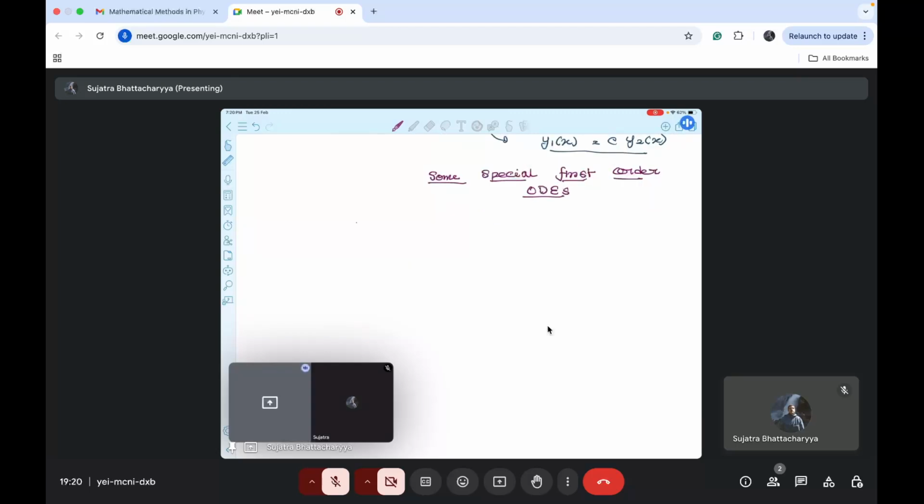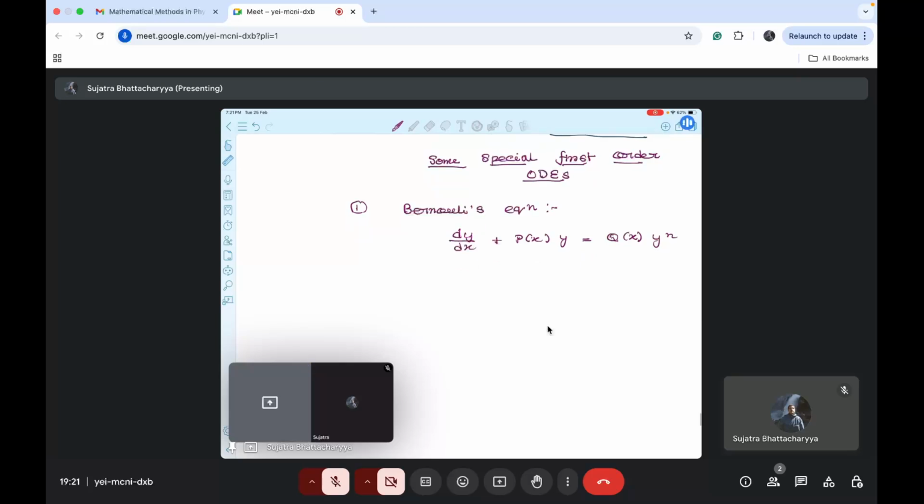So the first special kind is Bernoulli's equation. So how do you write that? Simple. You have dy/dx plus p(x) y is equal to q(x) times y to the power n. Some kind of a nonlinearity, as you can clearly see, but it can be solved.